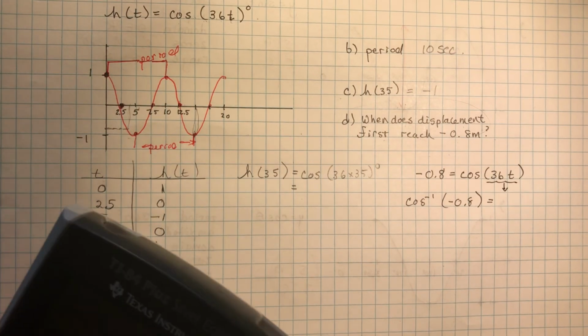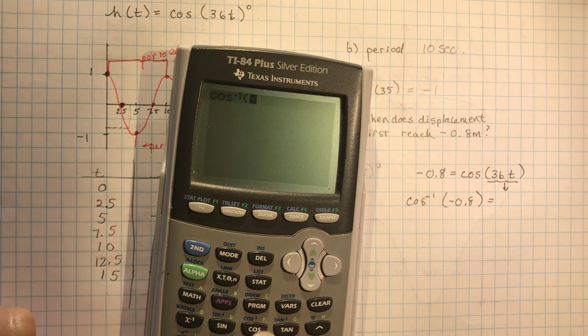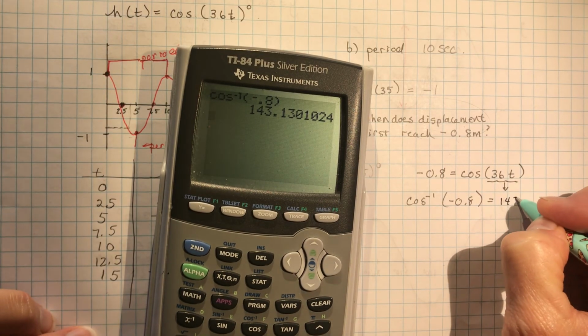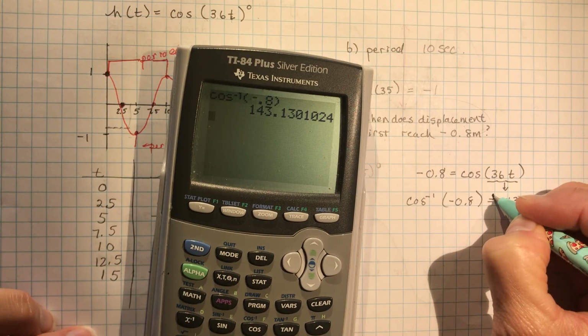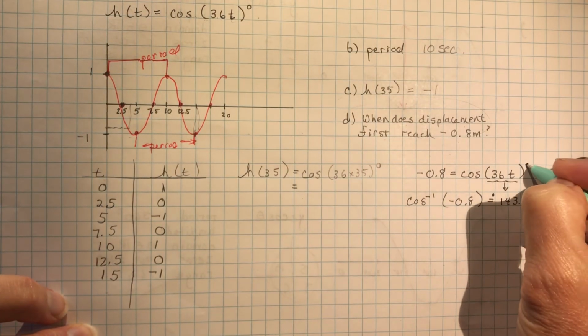So if you do, let's see here, inverse cos of minus 0.8, I get approximately 143.13 degrees. So this was degrees here too.